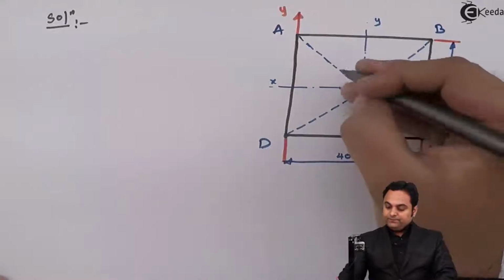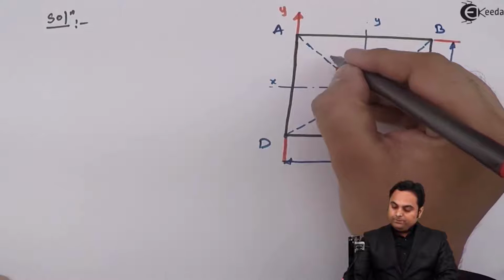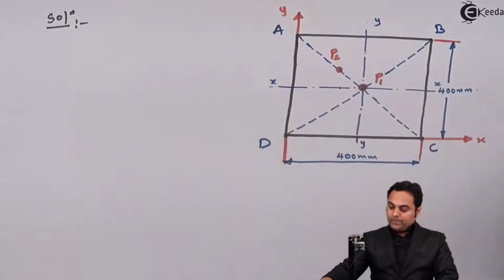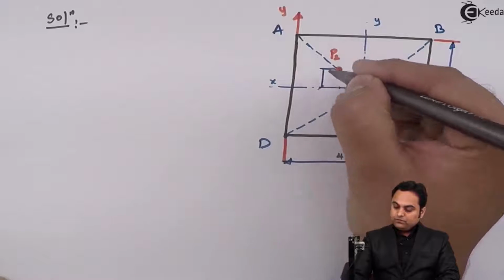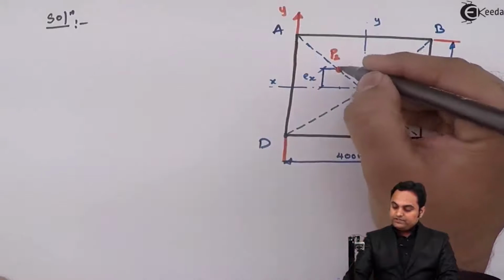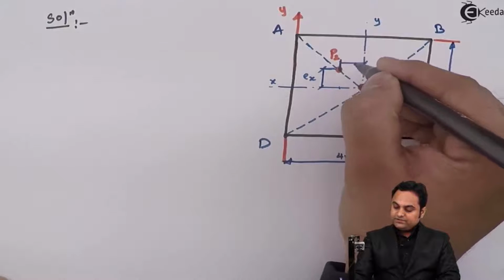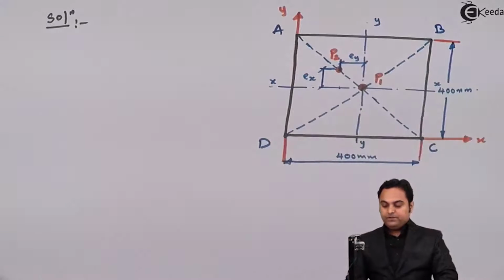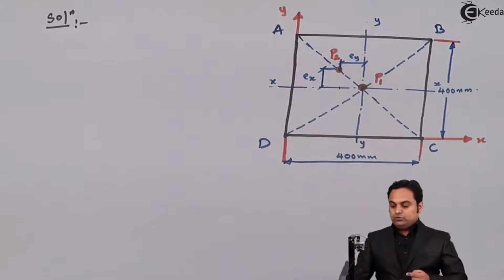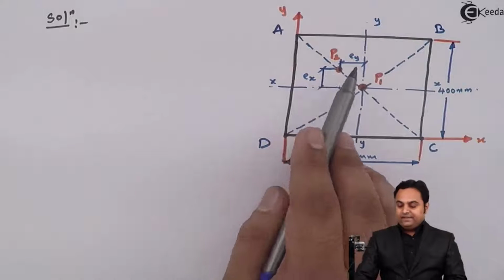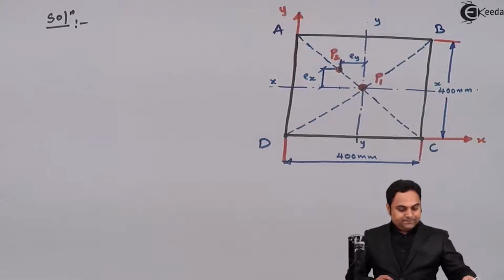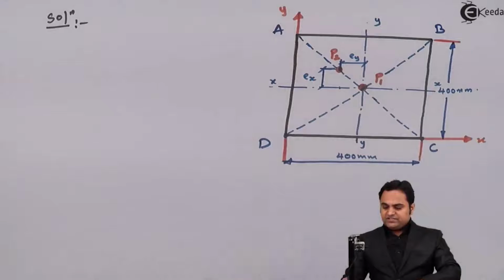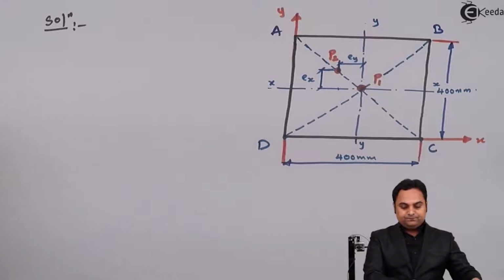So here I'll say that this is the location of load P2, which is the eccentric load, and its eccentricity is given. This is with respect to x, so Ex, and here is the eccentricity with respect to y, so Ey. In this problem there are two loads. One is the axial load, the other is the eccentric load, as is visible from the diagram. The next thing, the question is to calculate stresses at all the points.